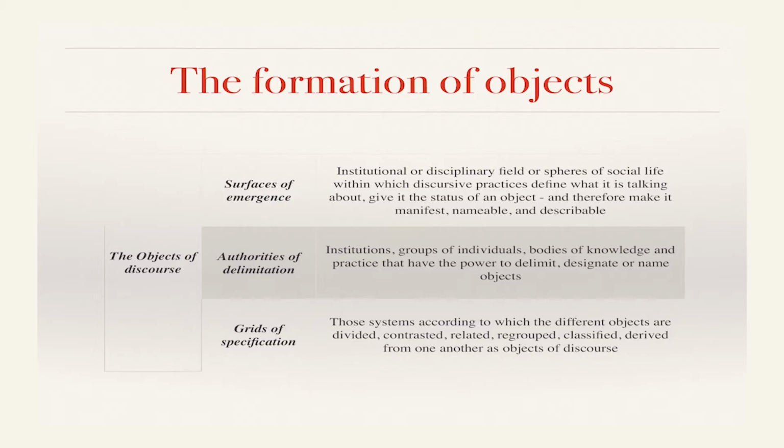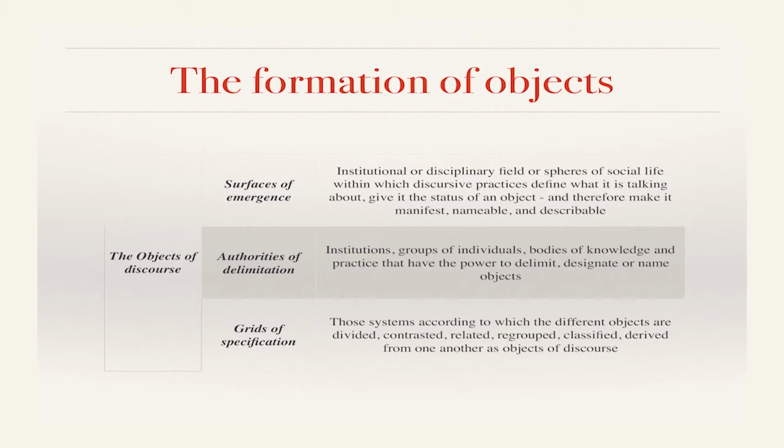The formation of the objects of discourse: in analyzing the processes of formation of the objects within the discursive formation, which means in an enunciative field made of a relation between statements, we need to focus on the surfaces of emergence, which is the institutional, disciplinary field or sphere of social life within which a discursive practice is defining what it's talking about, and giving the status of an object.